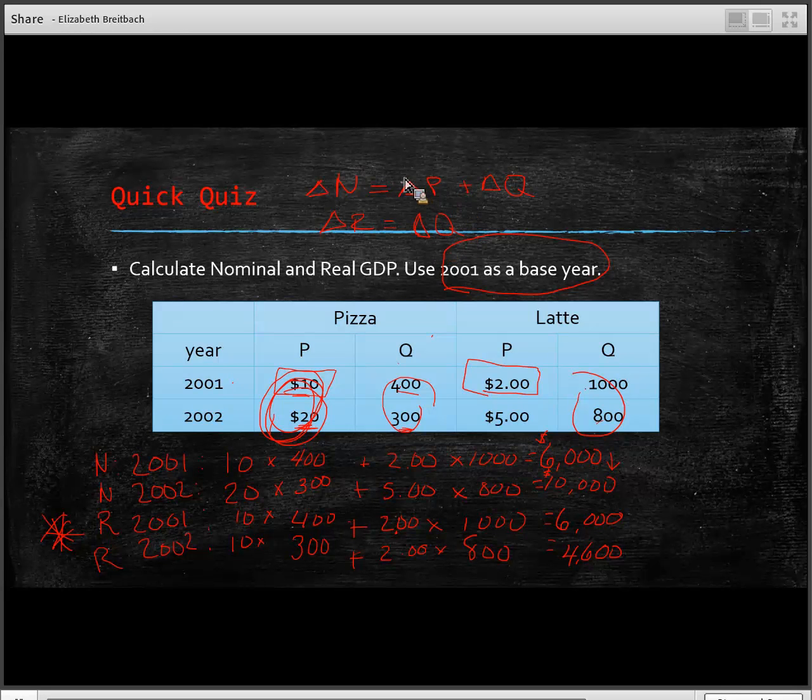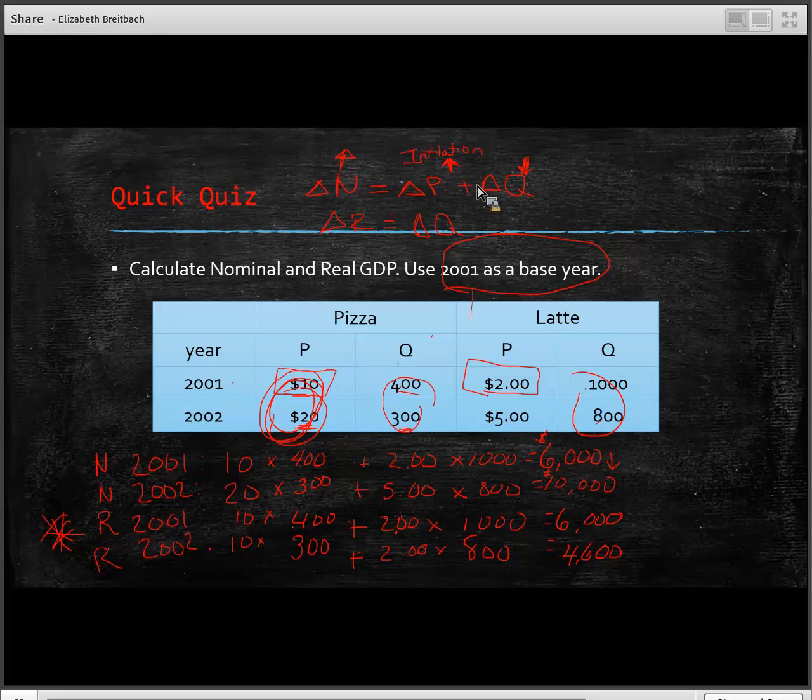So what we experienced in our nominal GDP is inflation. We saw prices of all goods in our economy go up. And even though our changes in quantity were negative, those increases in prices still brought up nominal GDP. Nominal GDP increased between here and here.